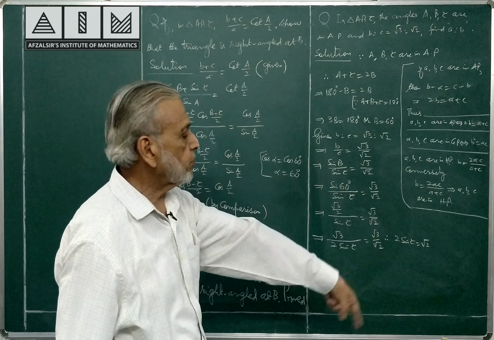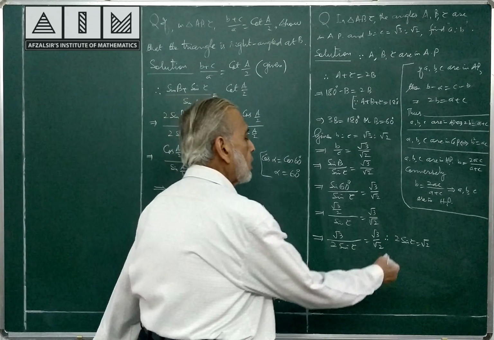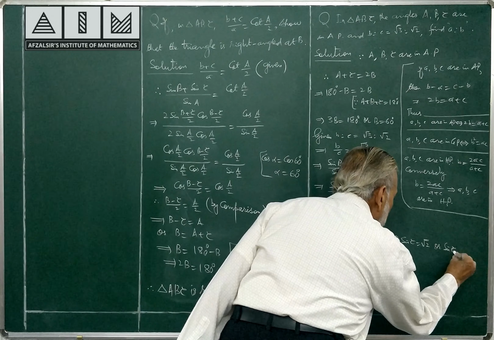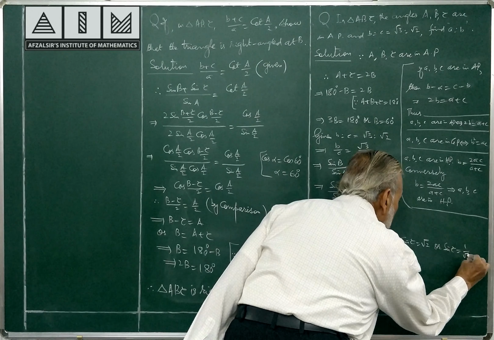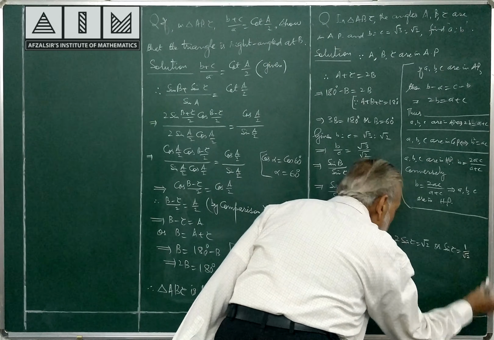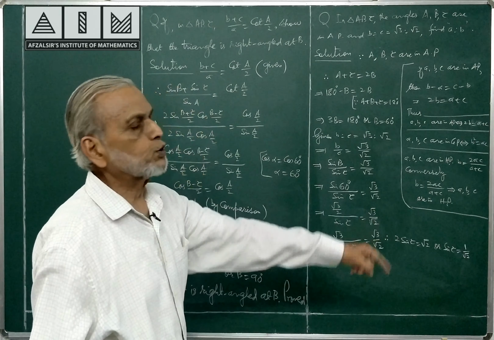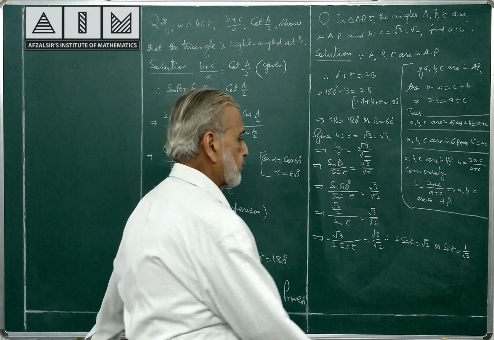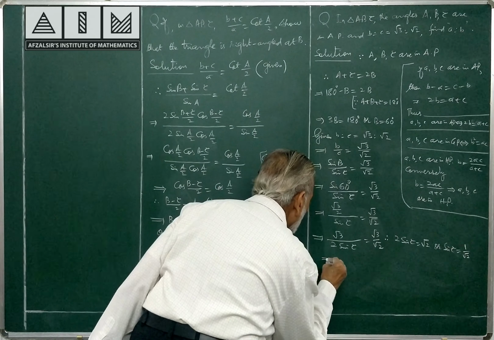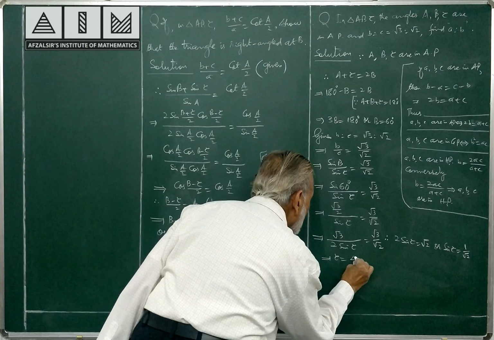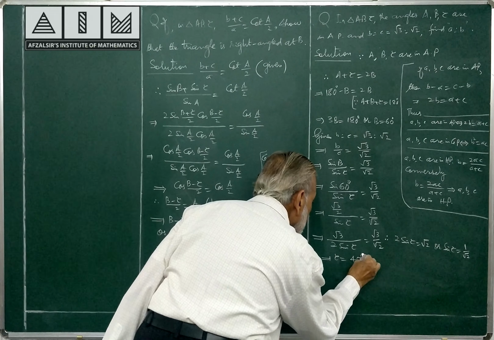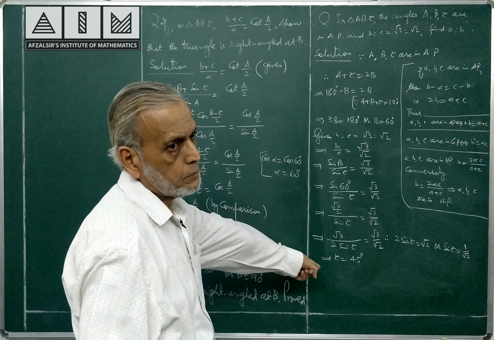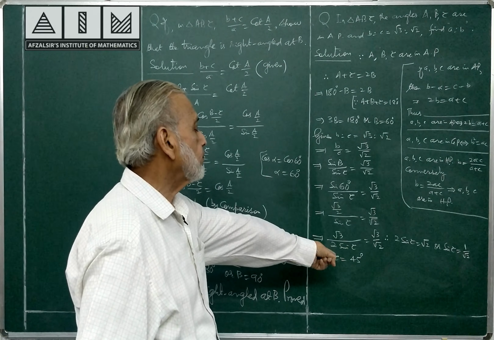Root 3 cancel, 2 sin C is equal to root 2, or sin C is equal to 1 by root 2. 1 by root 2 is the value of sin 45. C is equal to 45.